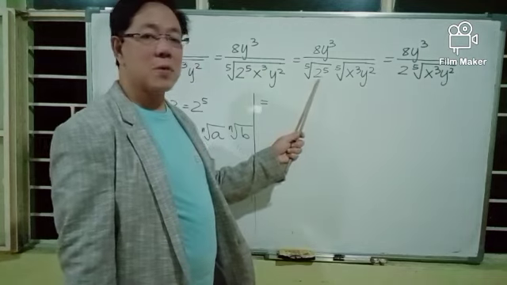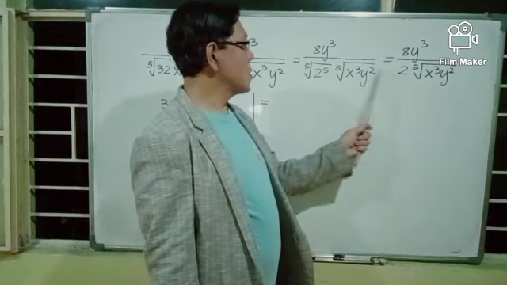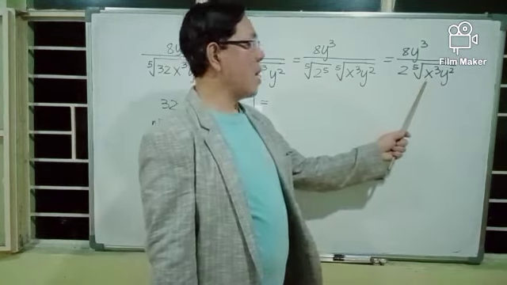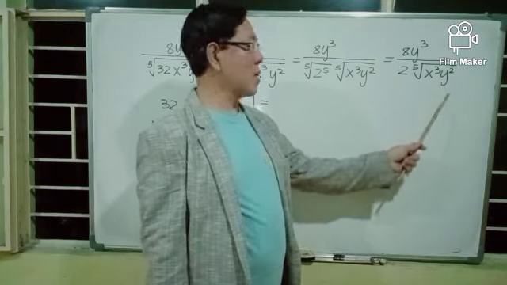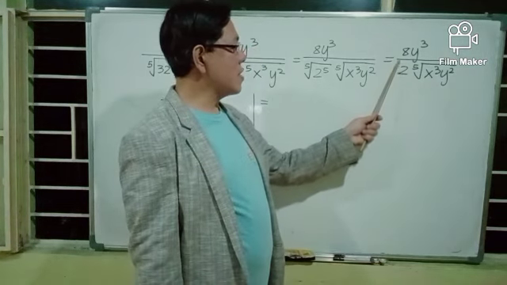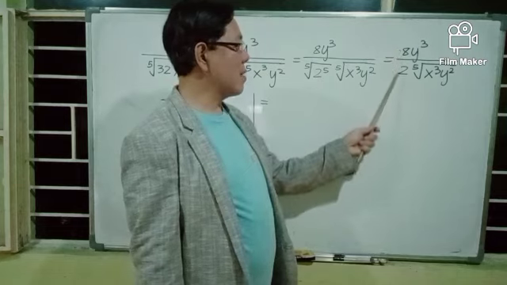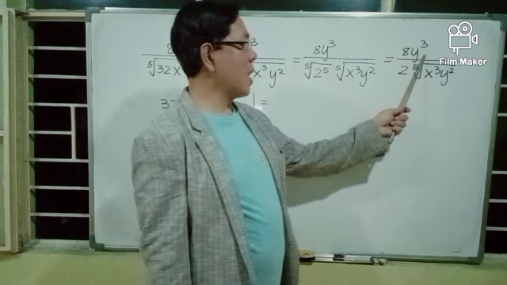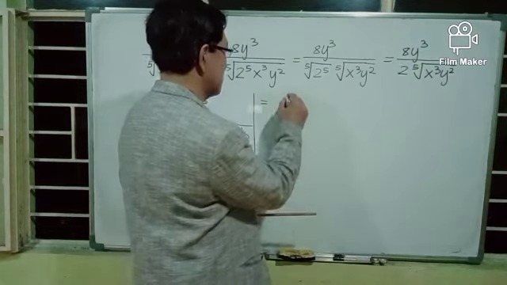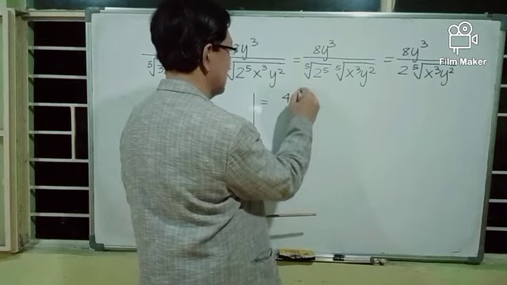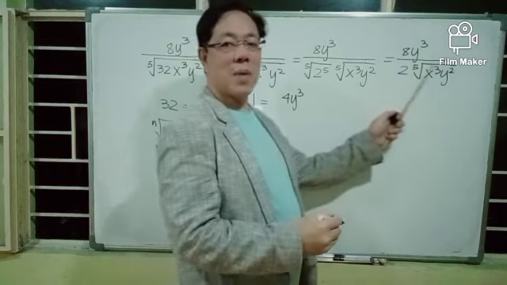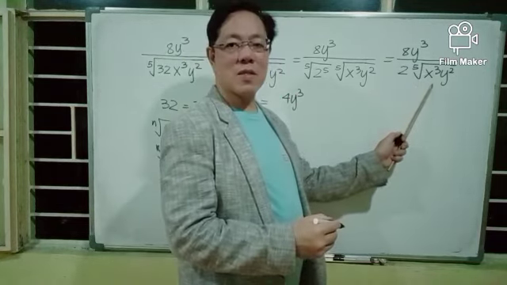The fifth root of 2 raised to 5 is 2 multiplied by the fifth root of x cubed multiplied by y squared. Now 8 is divisible by 2, or 8 divided by 2 is 4 multiplied by y cubed. Divide by the fifth root of x cubed y squared.